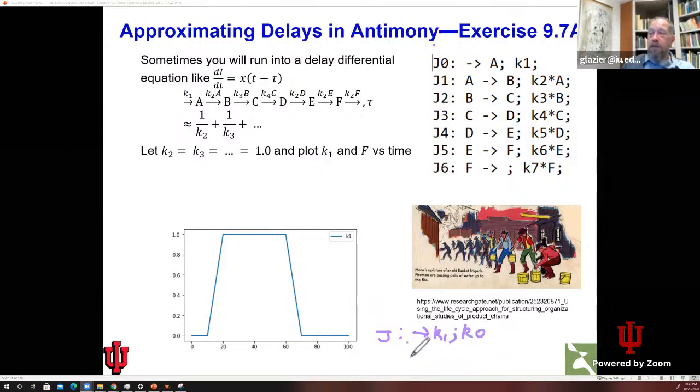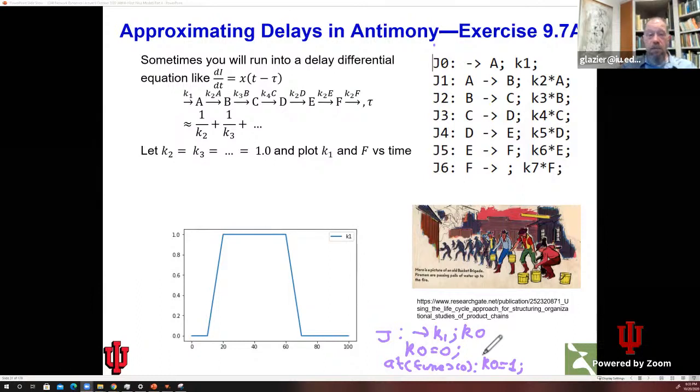And if I start out with K0 equals 0, that gives me my first part there. And I'll give you the way to get started here. You'll say at time greater than 10, K0 equals 1. Now you can figure out what to do for the rest of it, okay? Is that clear? Josh, did that make sense?